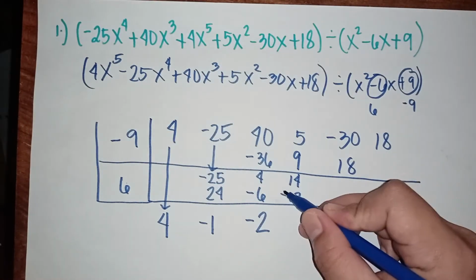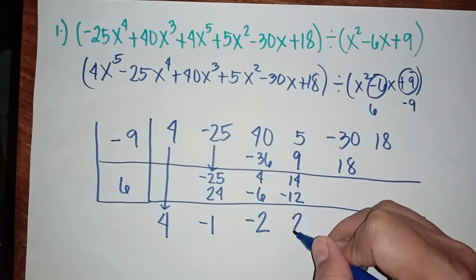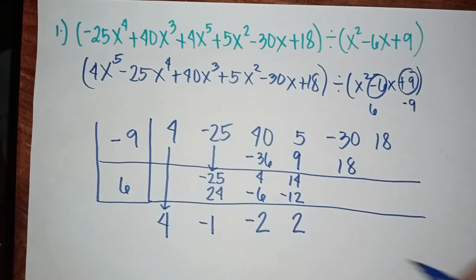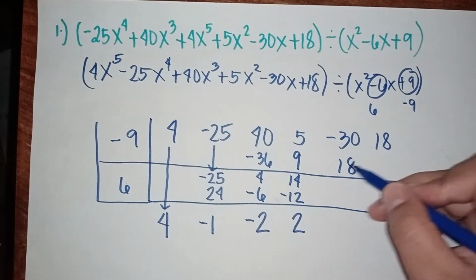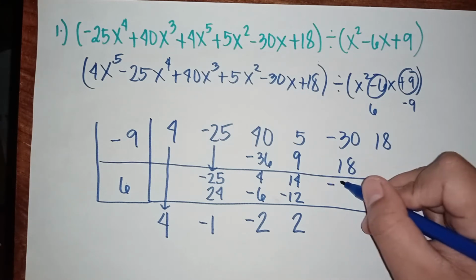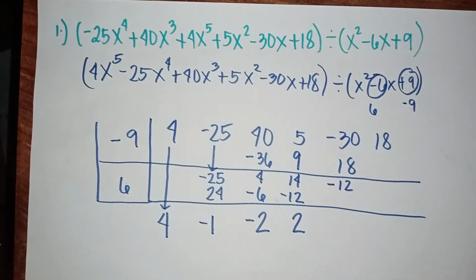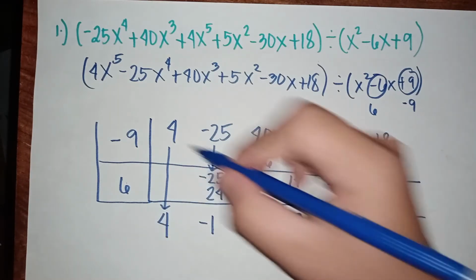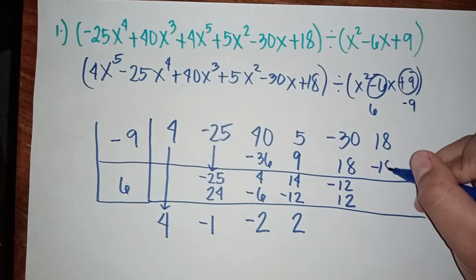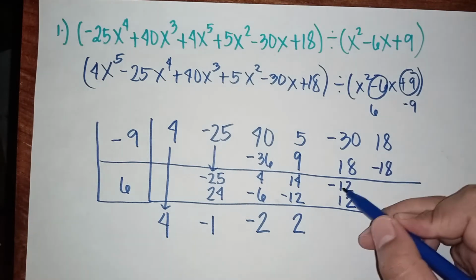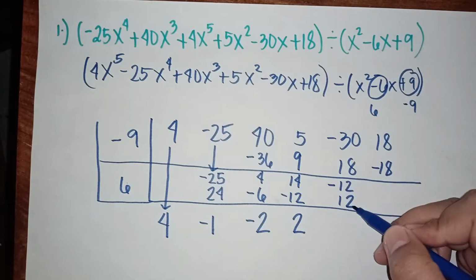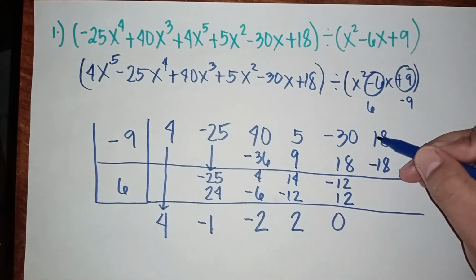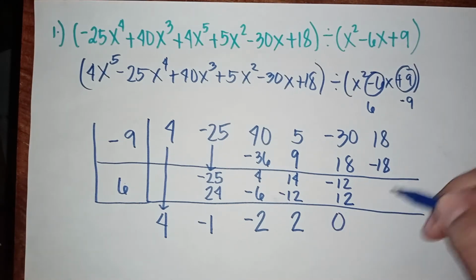Add natin ulit, 14 plus negative 12, that is positive 2. Negative 30 plus 18, that is negative 12. Again, multiply 2 times 6, that is 12. 2 times negative 9, this is negative 18. Add natin ulit, negative 12 plus 12, that is 0. Positive 18 plus negative 18, that is 0.